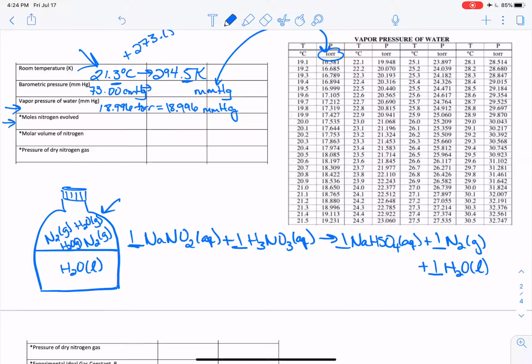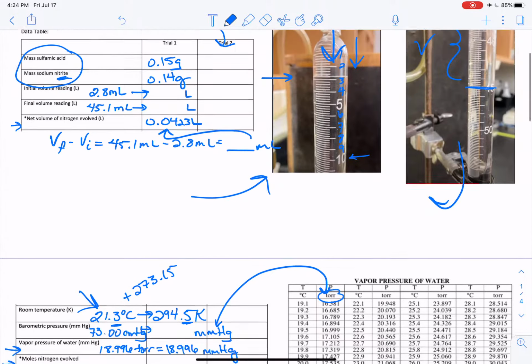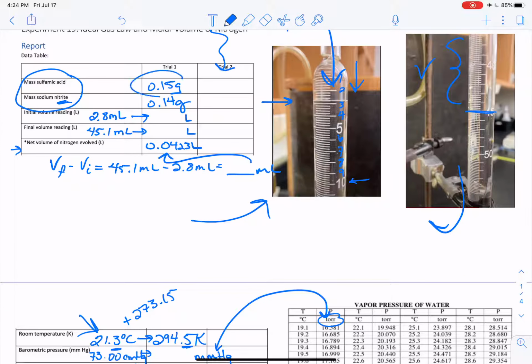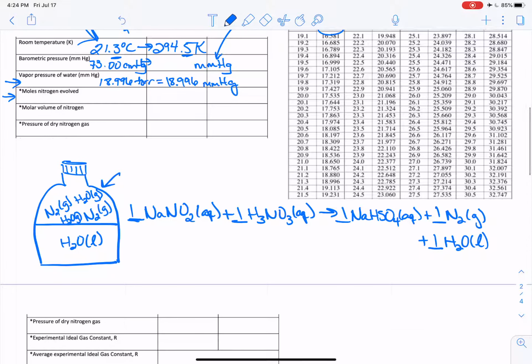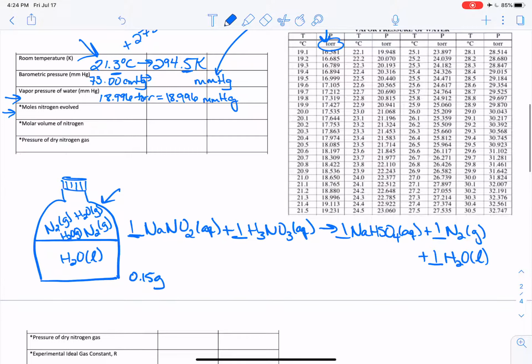So now what we have to do is we have to do some calculations. So I'm going to go ahead and go back up here and go, okay, I started with 0.15 grams of sulfonic acid. So I'm going to write 0.15 grams of sulfonic acid, and I'm just going to abbreviate that SA. So that's this stuff right here.